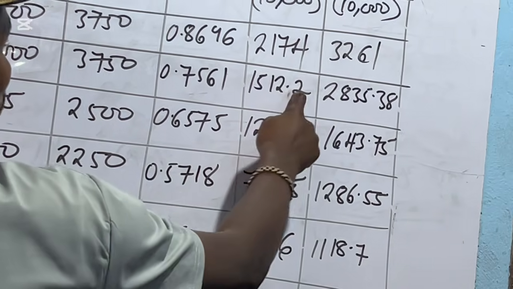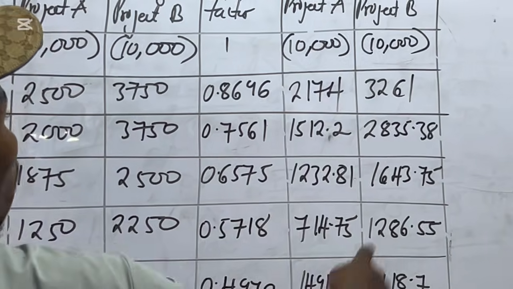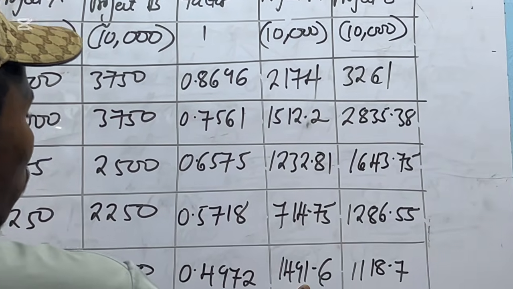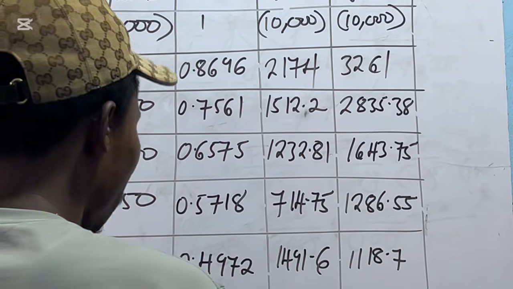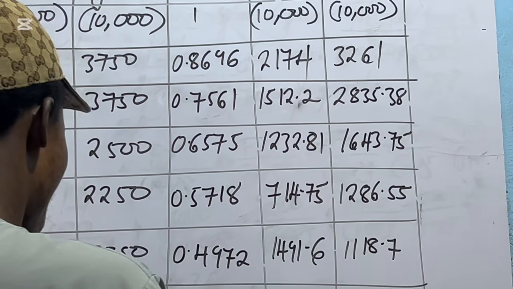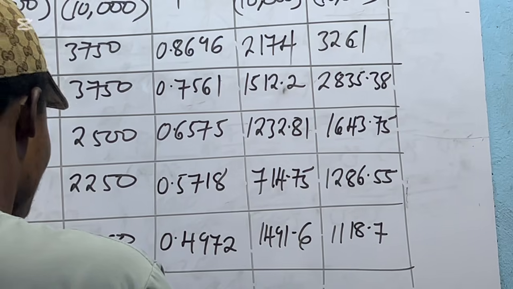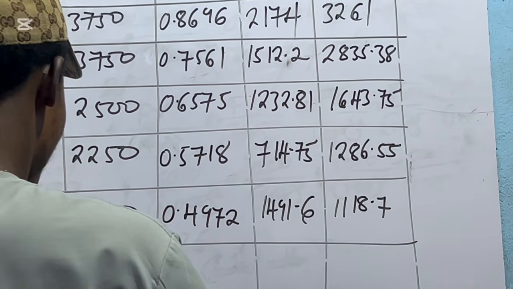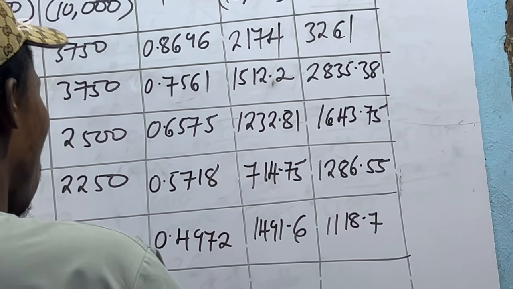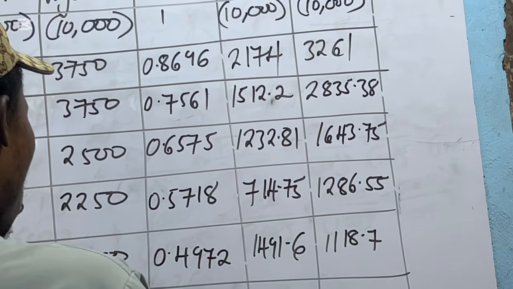You see these figures we have here, we add this to this to this to this to this minus this because this is negative. So let's start from here. 1491.6 plus 714.75 plus 1232.81 plus 1512.2 plus 2174.